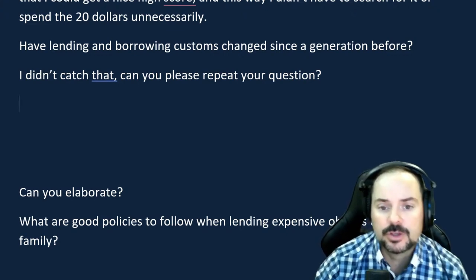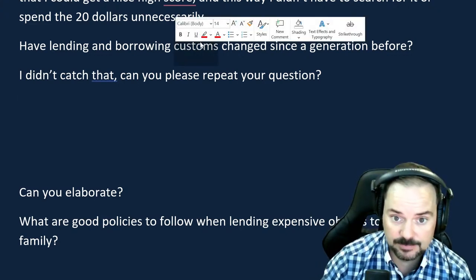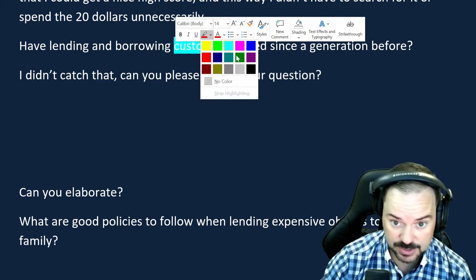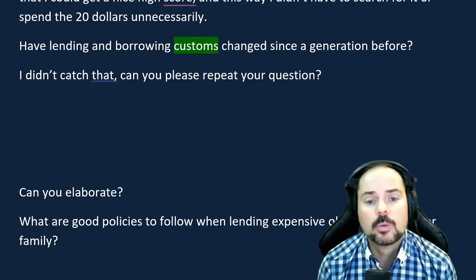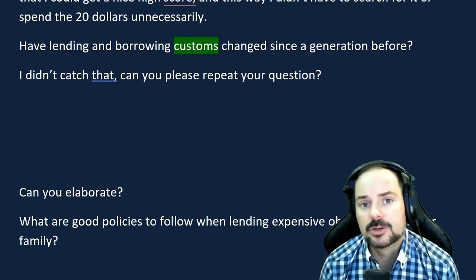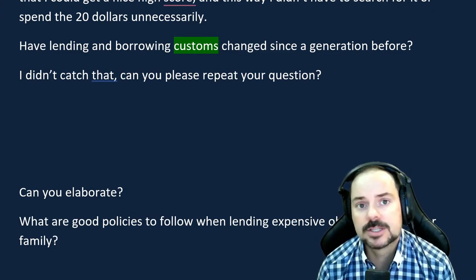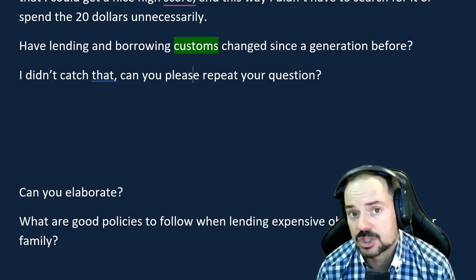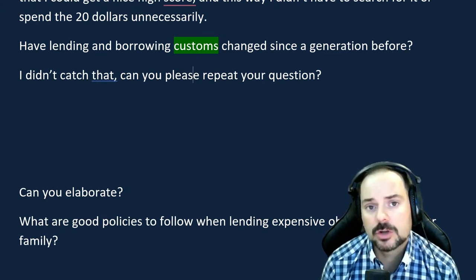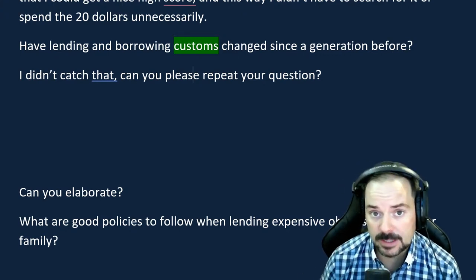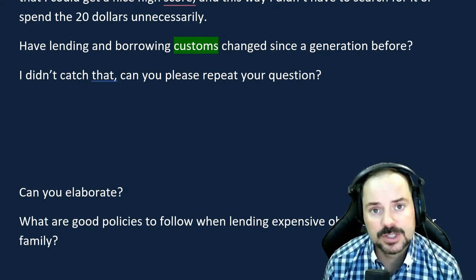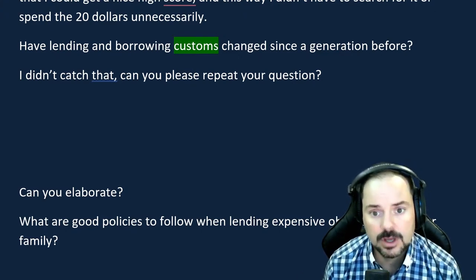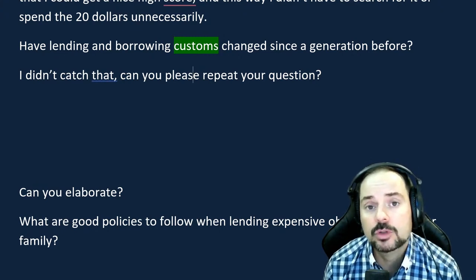Now, you got stuck on this word customs. Customs means like traditions. Yeah, I see. Okay, don't get stuck on one word. Just because you don't understand one word in the question doesn't mean that you don't understand the question. Okay, as long as you're calm, and when I repeat the question, instead of focusing on the word that you don't understand, so customs, focus on the words that you do understand.